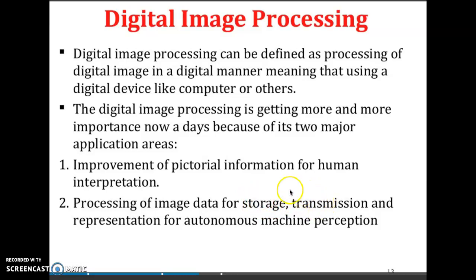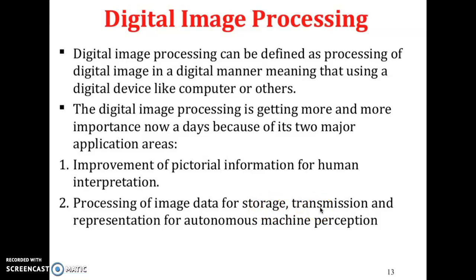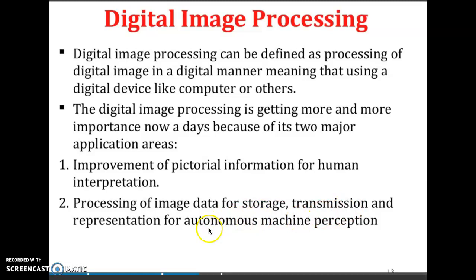So for doing all that, we process the images so that they are compressed and can be stored in less memory space. When transmitted, they should consume less bandwidth, and this is going to help autonomous machine perception. So these are the two objectives of our digital image processing.